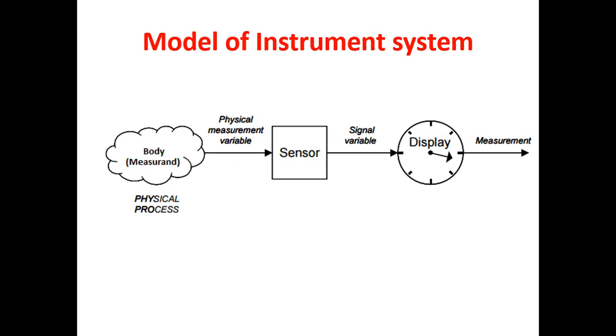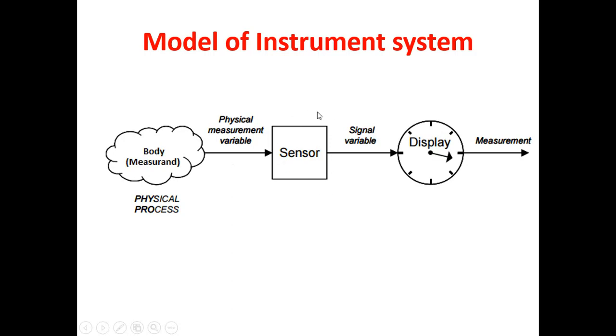Now, if you look at any instrumentation or measurement system, the main components are, number one, the body whose measurement is to be recorded or monitored, which is called the physical measurement variable.